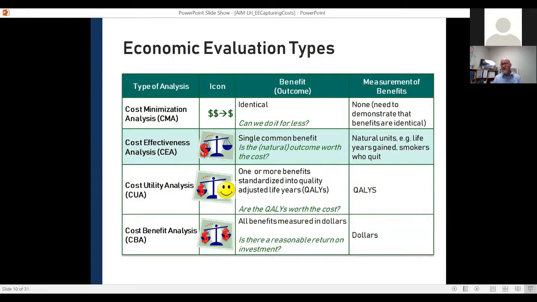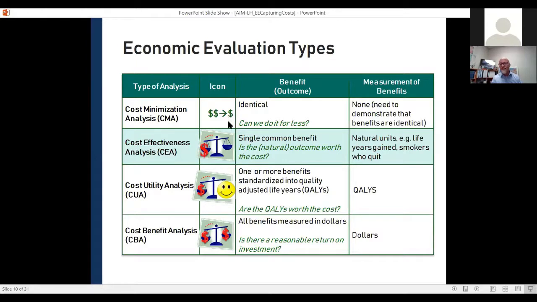But there are a few exceptions where if we invested in broad smoking cessation, for example, or diabetes prevention, it would probably pay for itself in terms of the state Medicaid office saving money in terms of future costs not incurred. And that's just a quick review of the different types of economic evaluation.